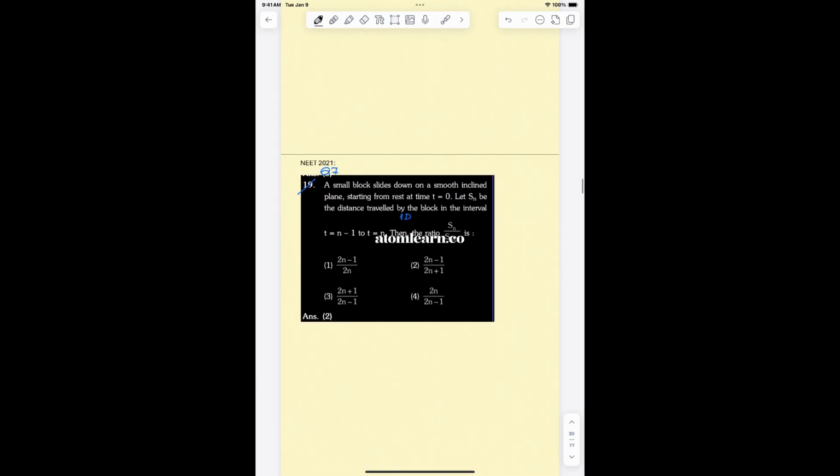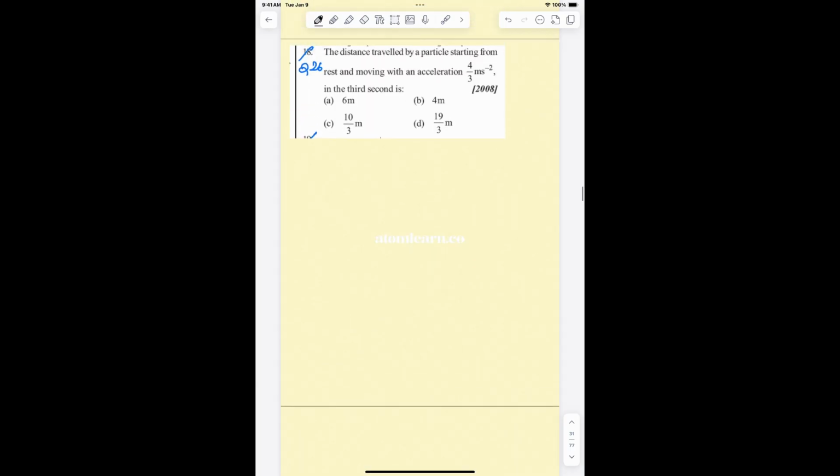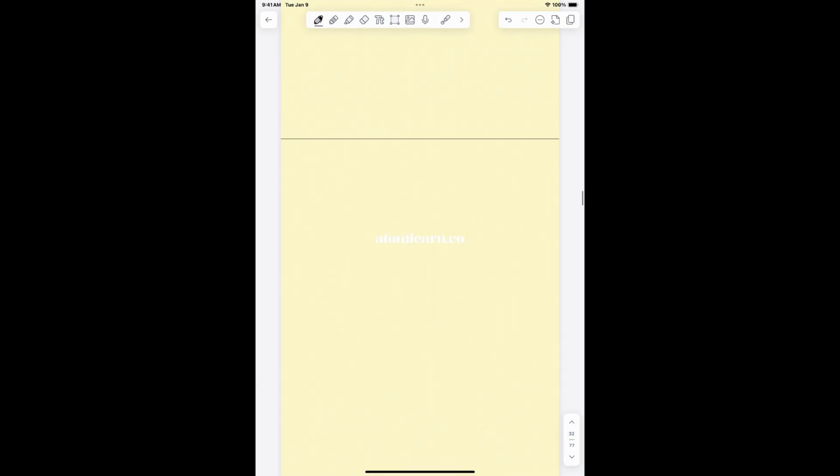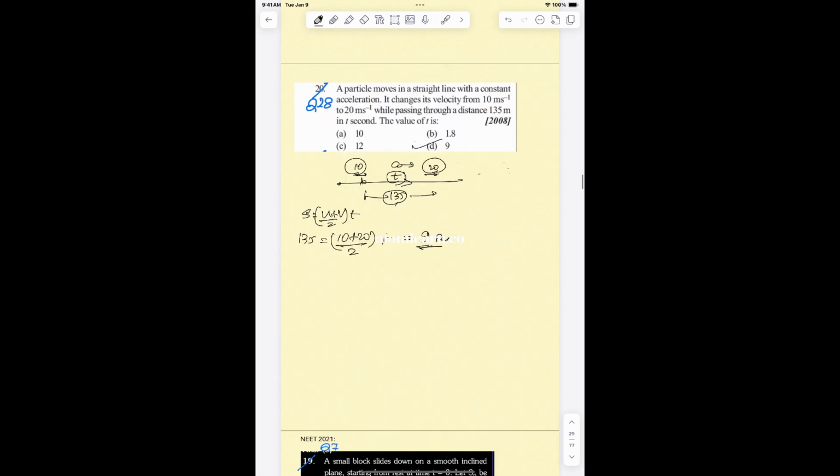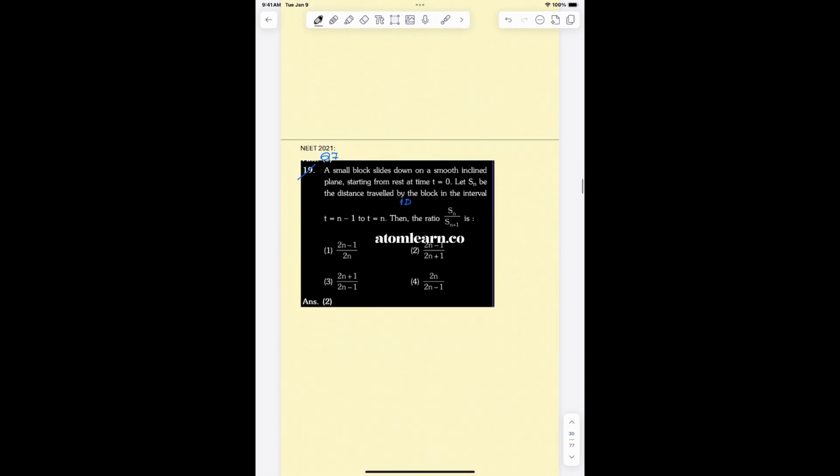Okay, now let's take one more equation. By the way, there is one more equation which is being taught to you, which is called the distance covered in the nth second. Do you remember? That equation is called Sn equal to u plus a by 2 into 2n minus 1.